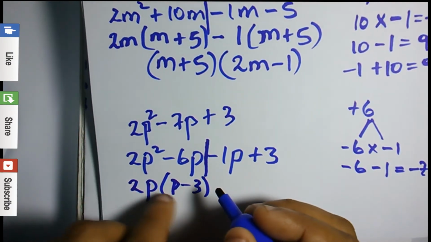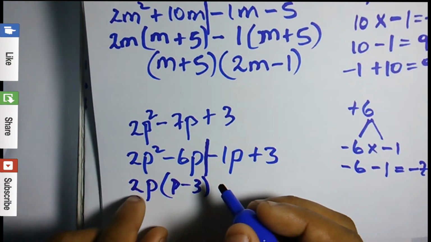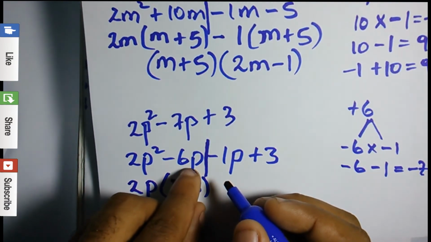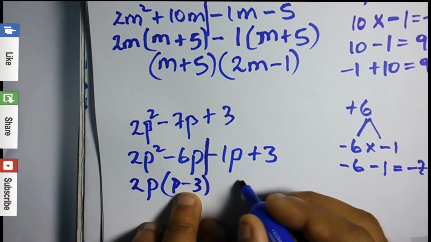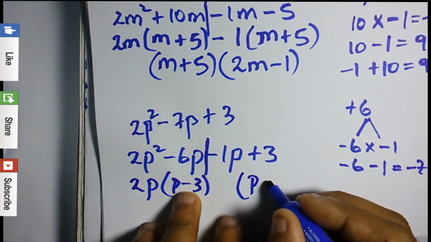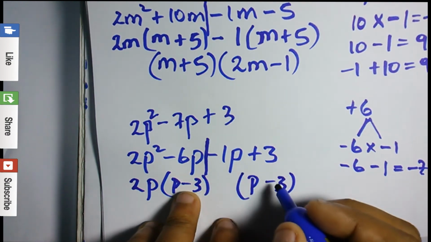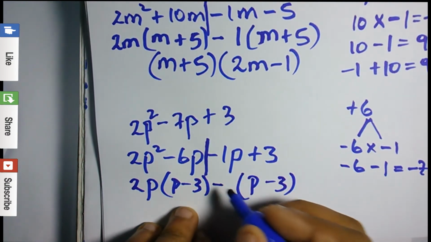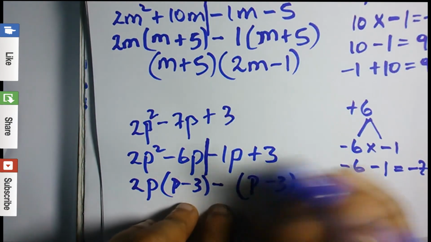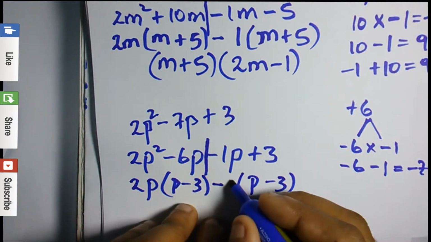Let's check: 2p times p is 2p squared, 2p times minus 3 is minus 6p. Anything in this bracket should be in the bracket on this side. Minus 3. Now the signs have changed from positive to negative, that means we should have a negative outside. There isn't anything common but 1, so I'm going to put a 1.